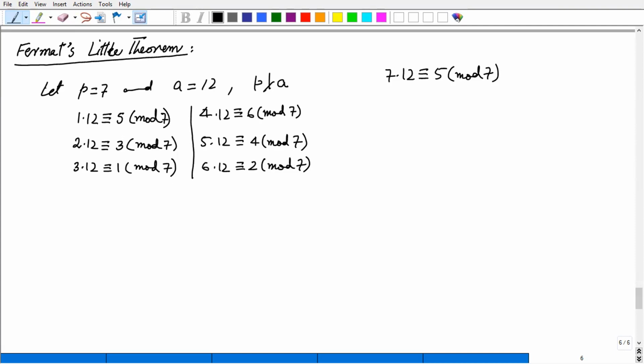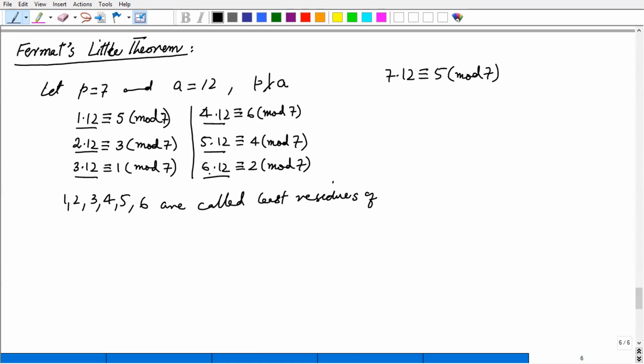These 6 numbers, 1, 2, 3, 4, 5, and 6 are called least residues of 1 times 12, 2 times 12, 3 times 12, 4 times 12, 5 times 12, and 6 times 12.